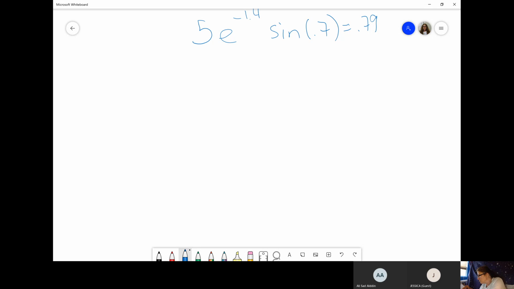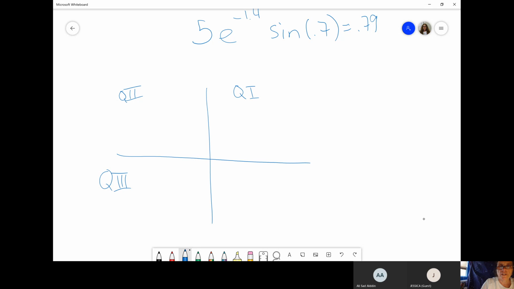What is really important is, of course, you have to know in which quadrant you are, and you must know your signs in the individual quadrants. Here's Q1, here's Q2, quadrant 3, and quadrant 4.